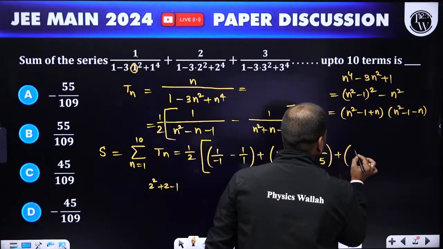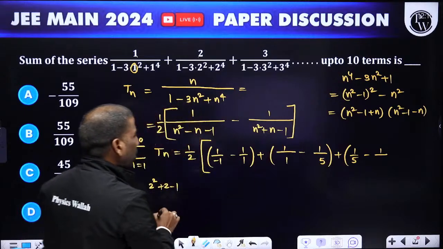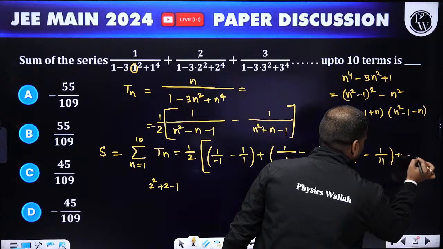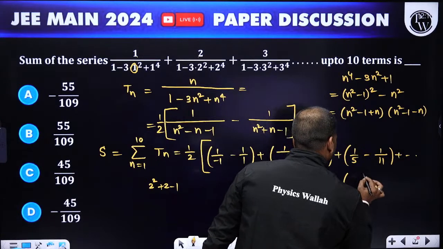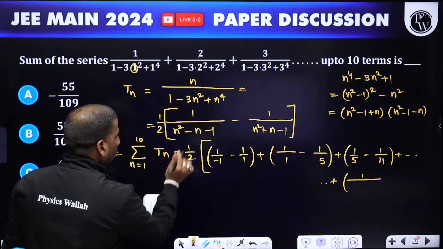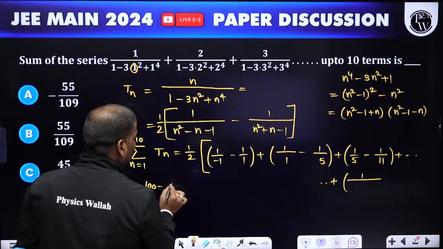Obviously we'll get 1 by 5 here, minus 1 by, when we take the 3 here, 3 square, 9, 9 plus 3, 12, so 11. Plus and so on, plus the last one, 10. When we give 10, 100.